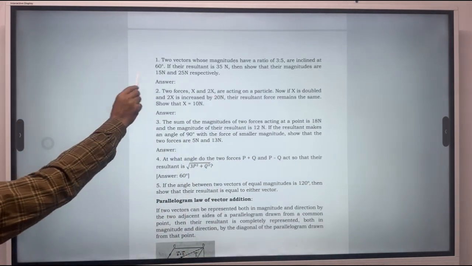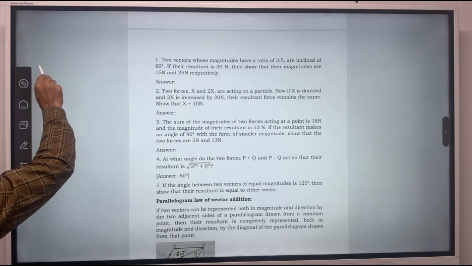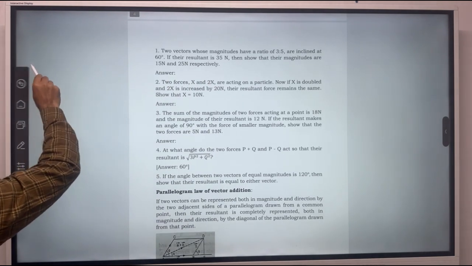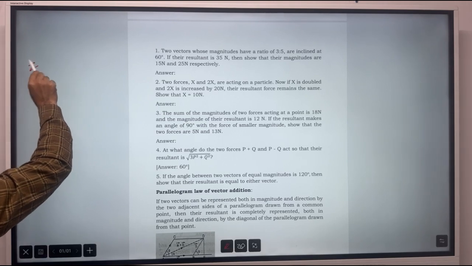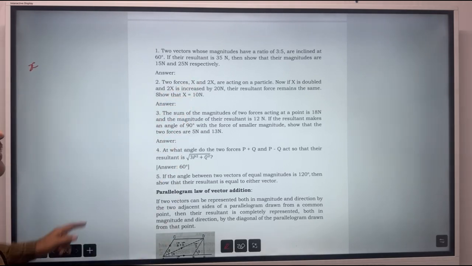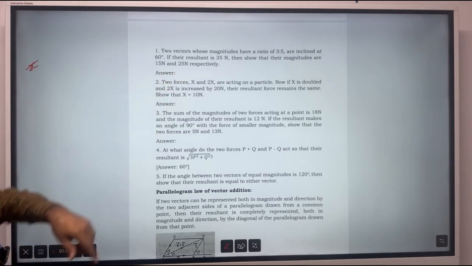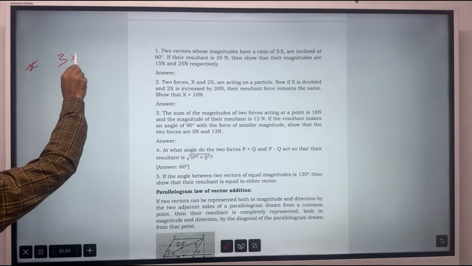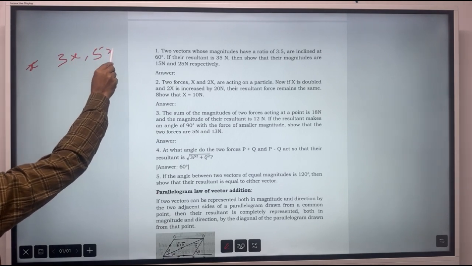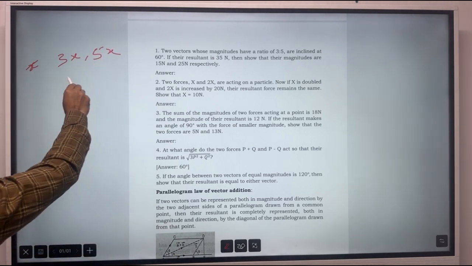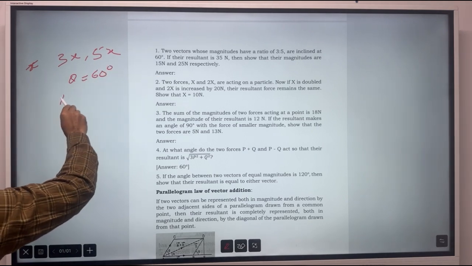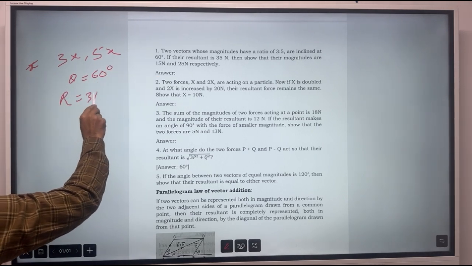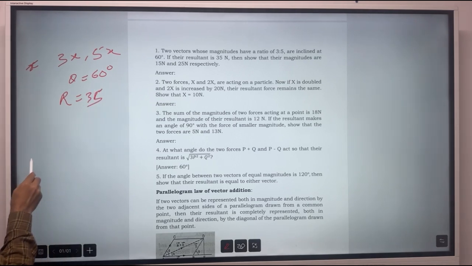Here, since the ratio is given, just write the vectors as 3x and 5x, and theta is given as 60 degrees. Resultant is also given as 35.